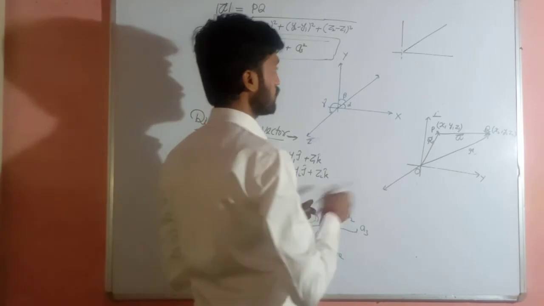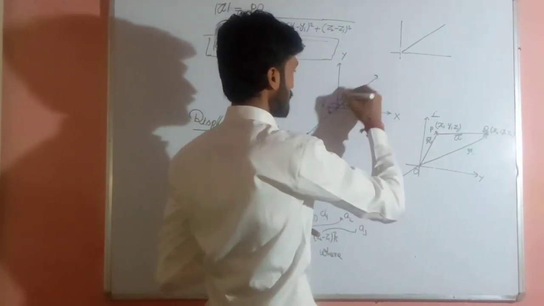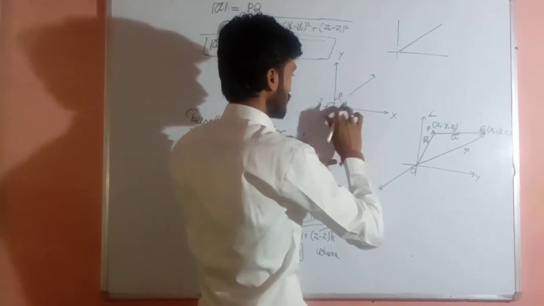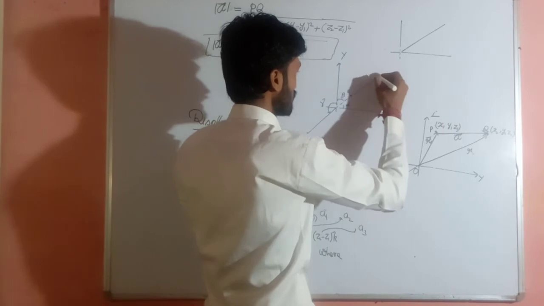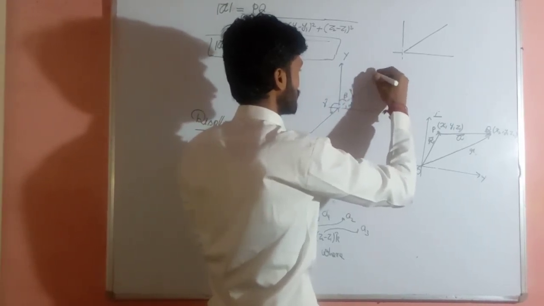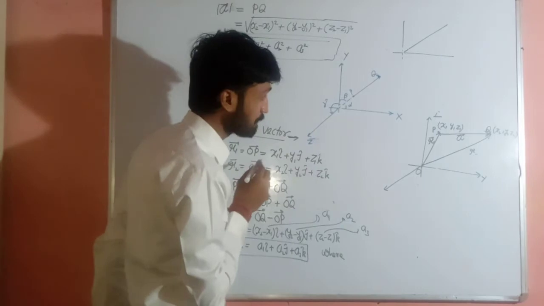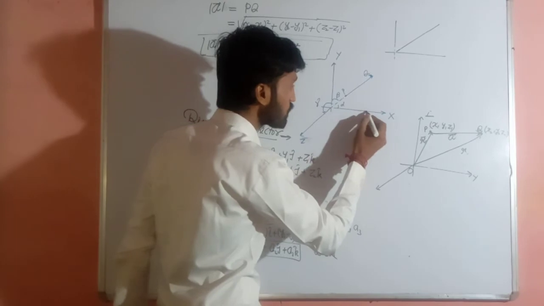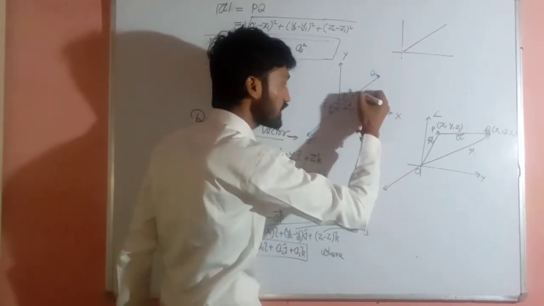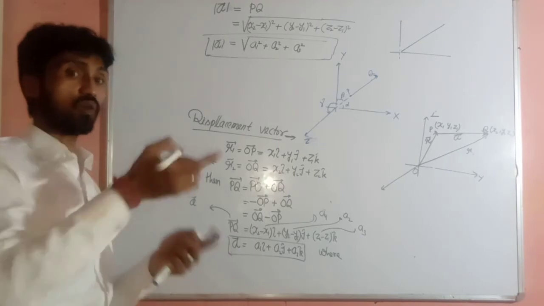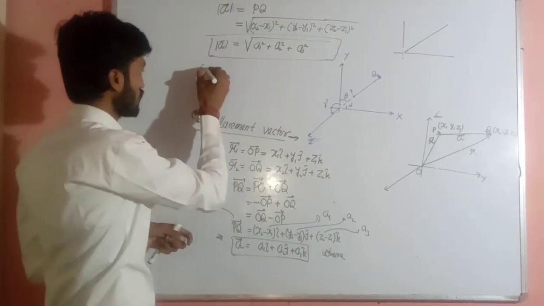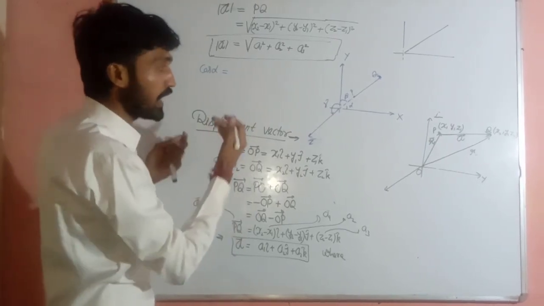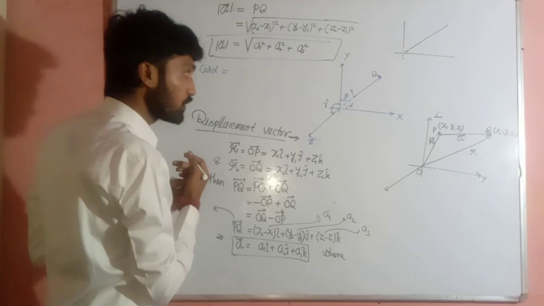You know very well this is PQ. Then what is the relation for alpha? We know about base and hypotenuse, so we can define here cos alpha equals base upon hypotenuse.